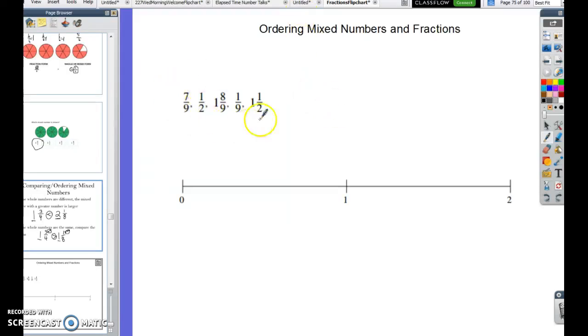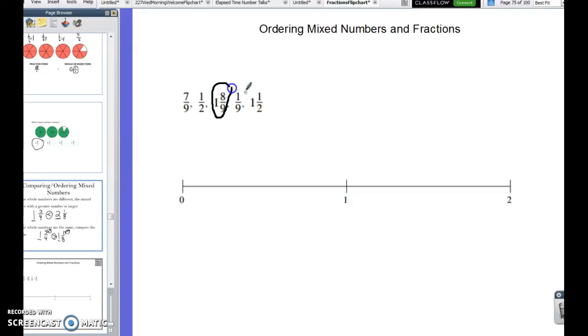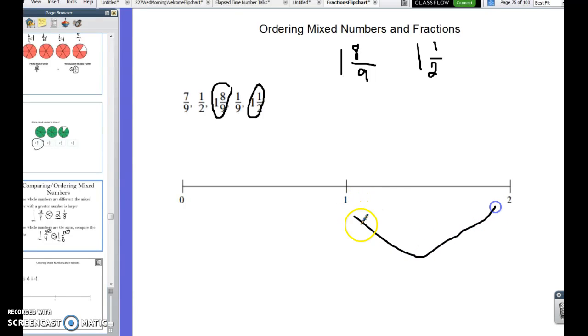Now let's take a look at when we're ordering fractions. If you notice, there are only 2 that have a whole number. Let's take a look. If we pull those out, we know these 2 are going to be the greatest. So we have 1 and 8/9, and we have 1 and 1/2. They're going to go over here in my number line between 1 and 2.